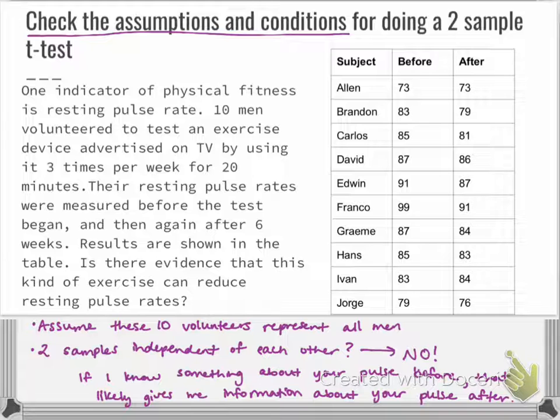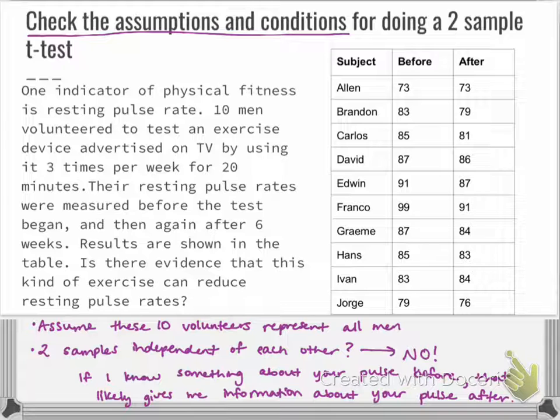A lot of times, a before and after is really, really common. You'll also see twin studies, which are 2 samples but paired data, looking for 2 things that are related in some way: husband and wife, siblings.